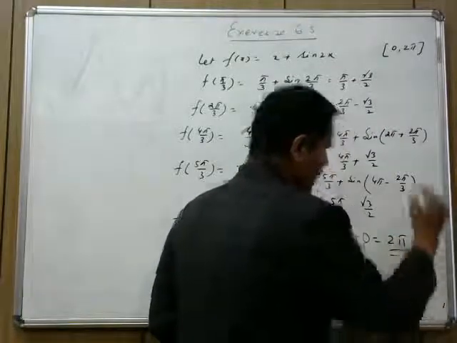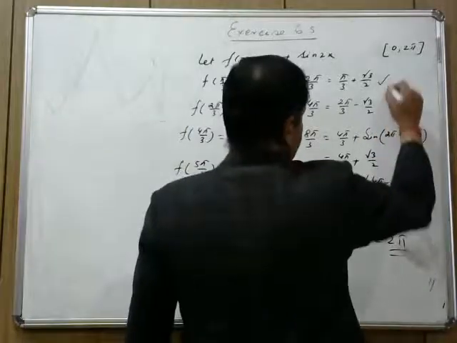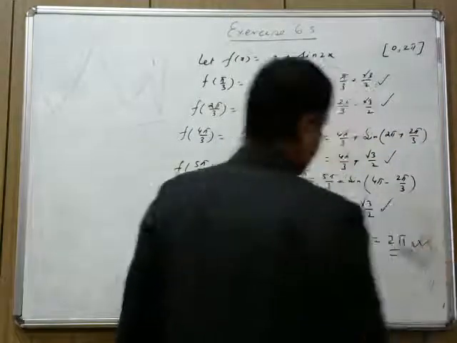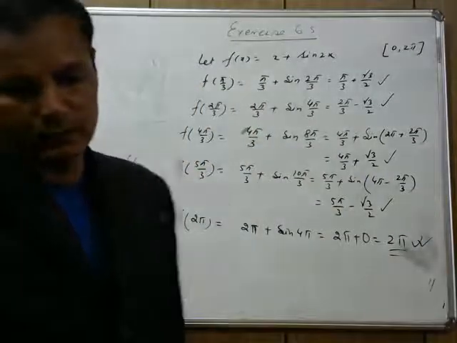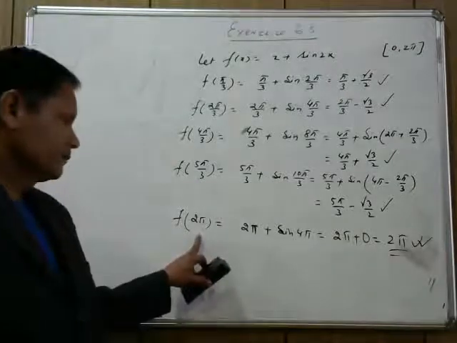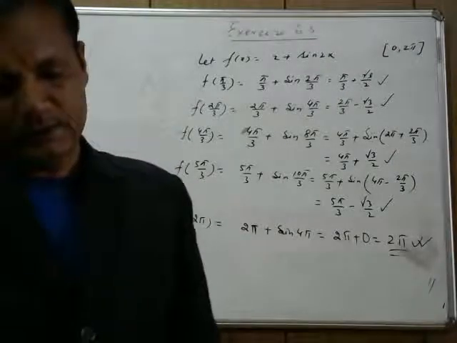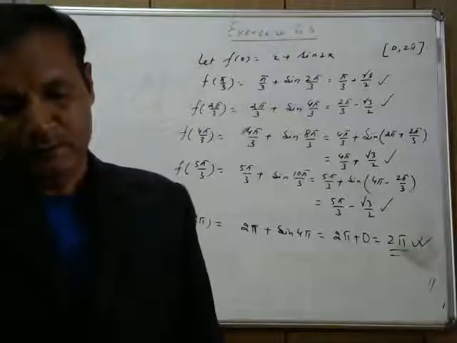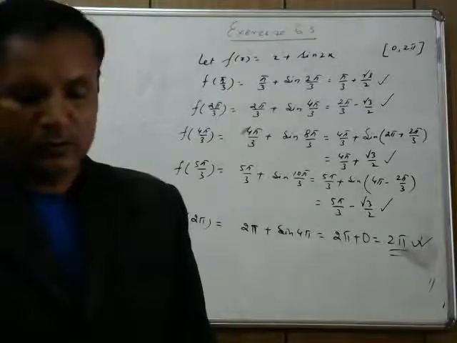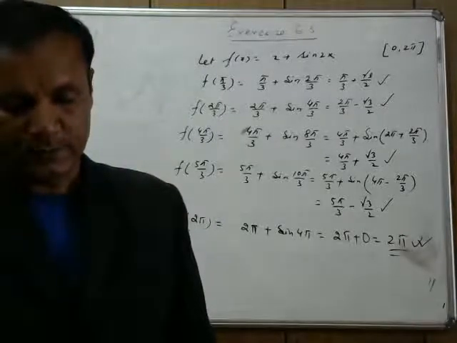Now among all these values we have calculated, we see that at f of 2 pi it attains the maximum value 2 pi, isn't it? At f of 2 pi, the absolute maximum value of x plus sine 2x on the interval 0 to 2 pi is 2 pi at x equal to 2 pi.